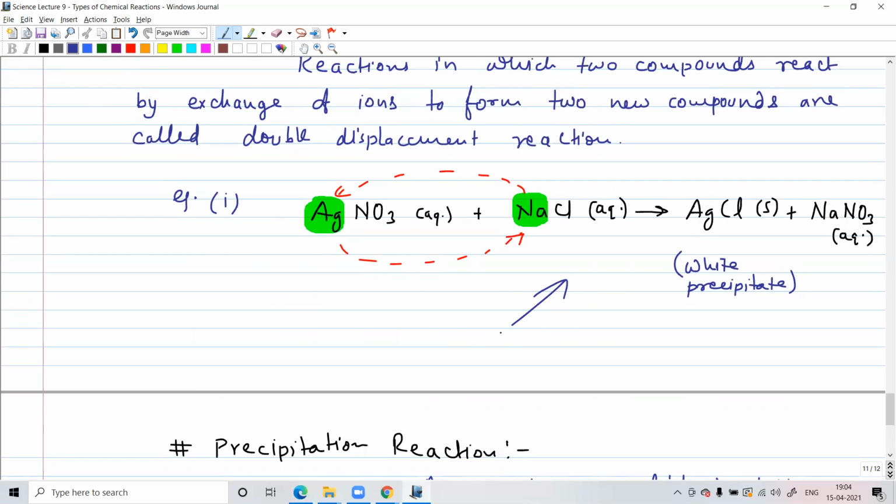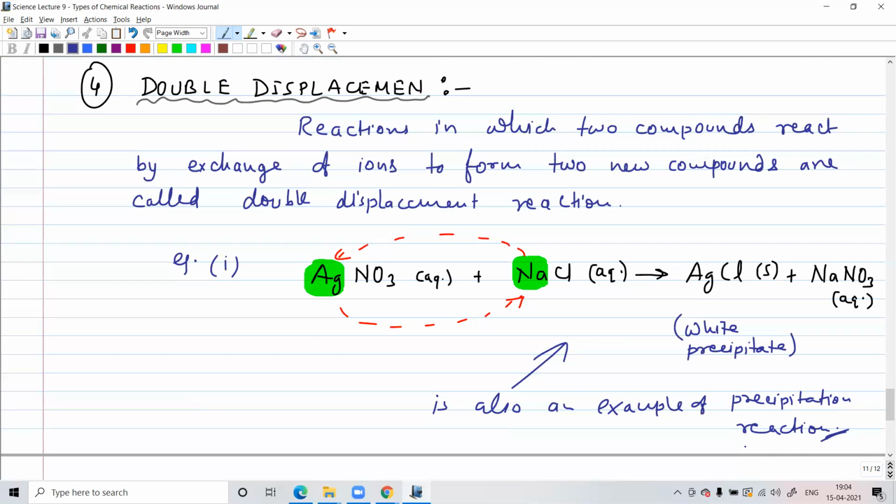So this reaction, whatever I gave, is also an example of precipitation reaction. Let's stop here.